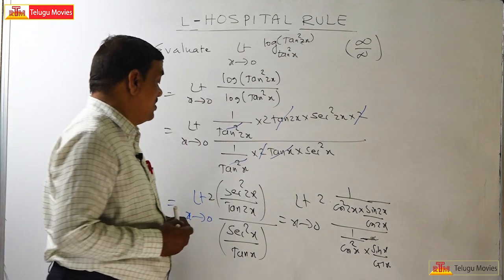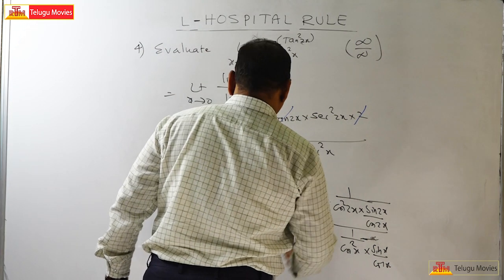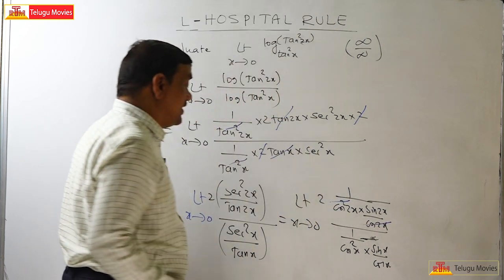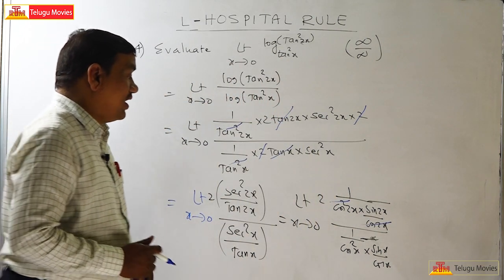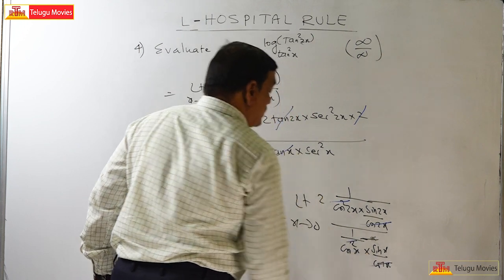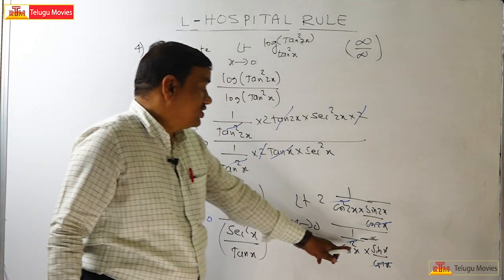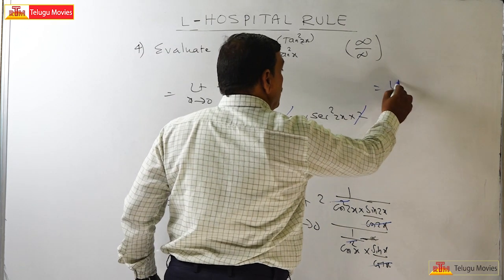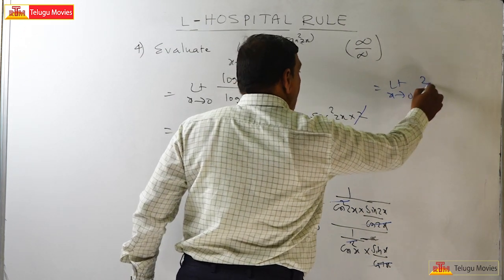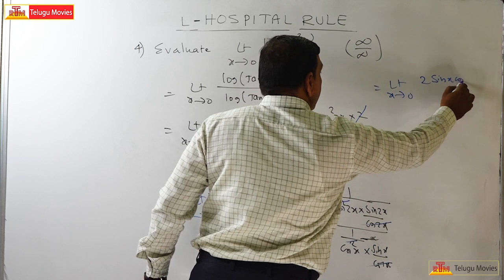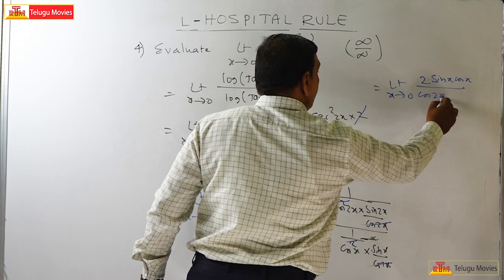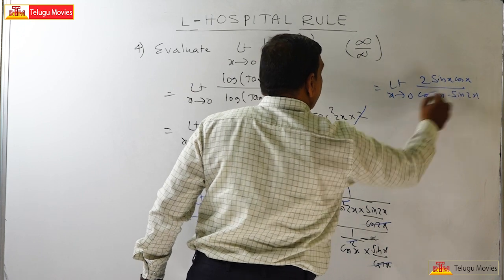Yes, cos square x and one cos x cancel. Here also one cos x cancels. This cos x sin x will go in the numerator. So this is equal to the limit as x tends to 0 of 2 sin x cos x divided by cos 2x into sin 2x.